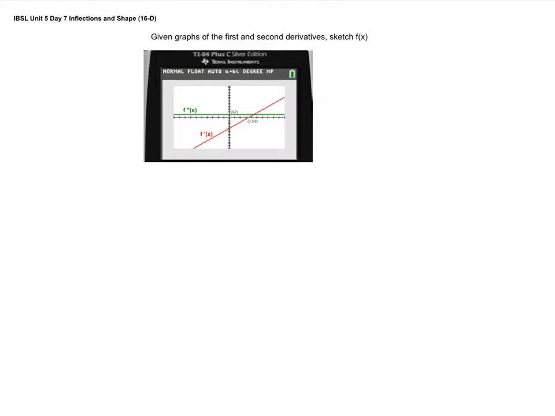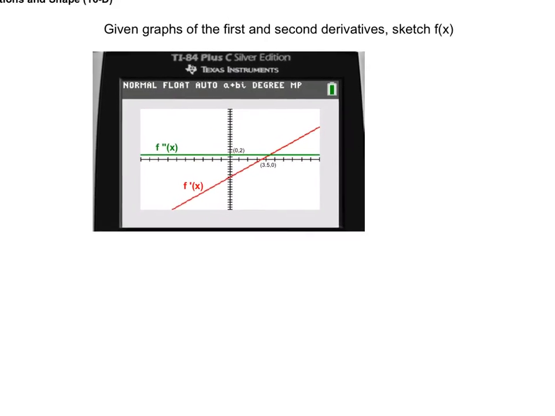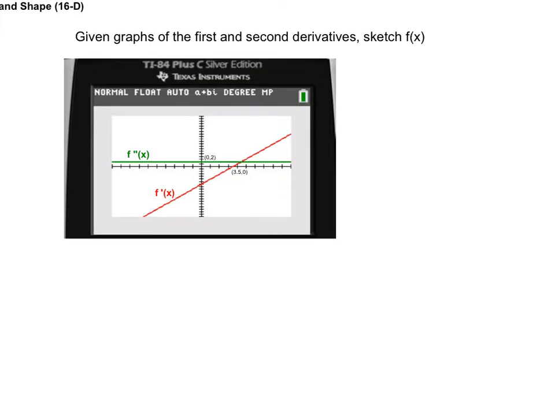So what I want to do here is examine a couple of cases where we are shown what the first derivative is and what the second derivative is, and we want to figure out what the original function is.